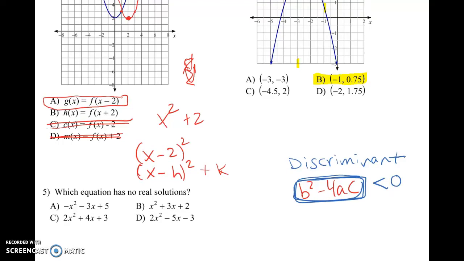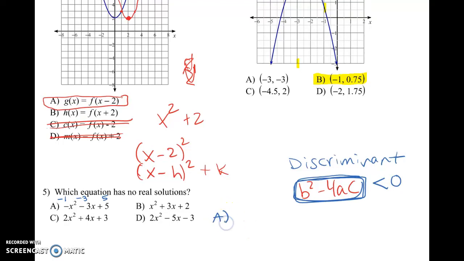So what we're going to do is we're going to identify A, B, and C in each of these and see which one satisfies this. Which one has b squared minus 4ac is less than 0. So for A, we have negative 1 as our A, negative 3 as our B, and 5 as our C. So let's try to plug these in.